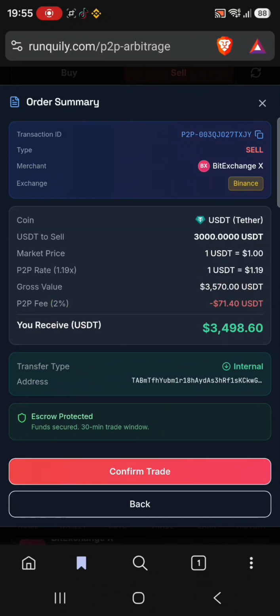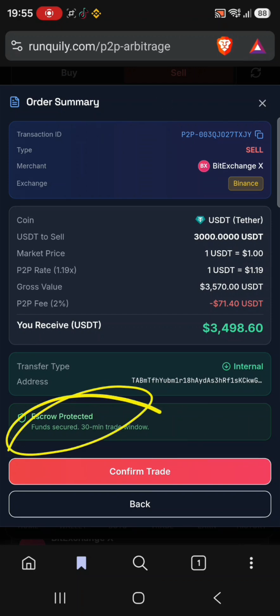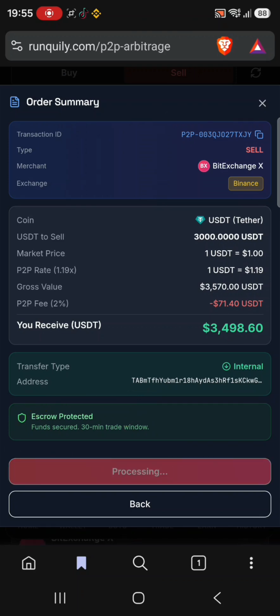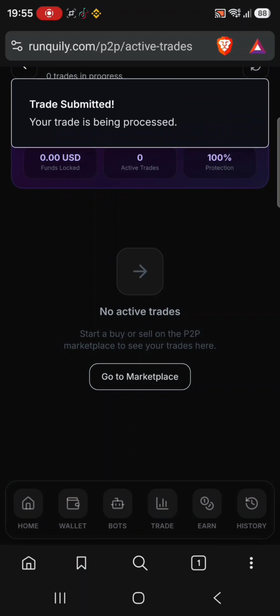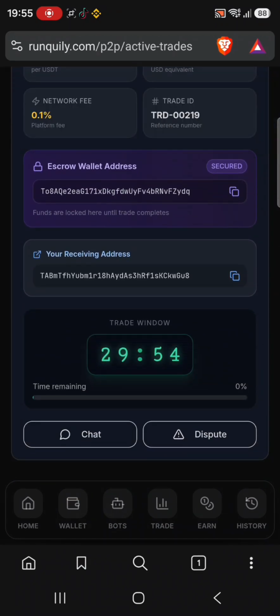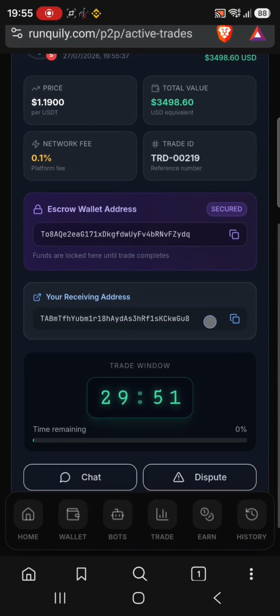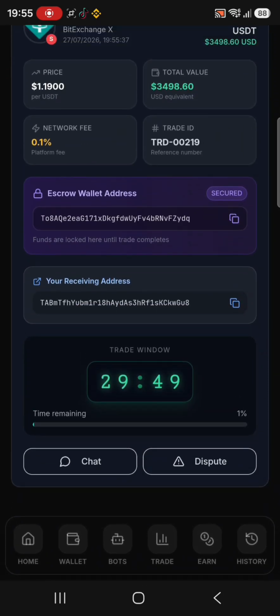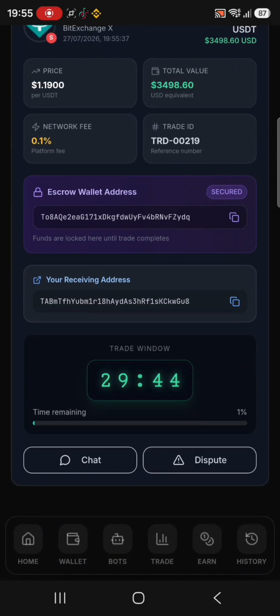After that, I also wanted to talk about escrow protection. Remember, this account is escrow protected, so there is no way your funds can get lost. If the trade doesn't go through, you just come and dispute. Let me confirm and show you how you can do that. If you don't get the payment, that is the email, you have to release first for your funds to come here, because that's how escrow works, and you have to work within that 30 minutes.